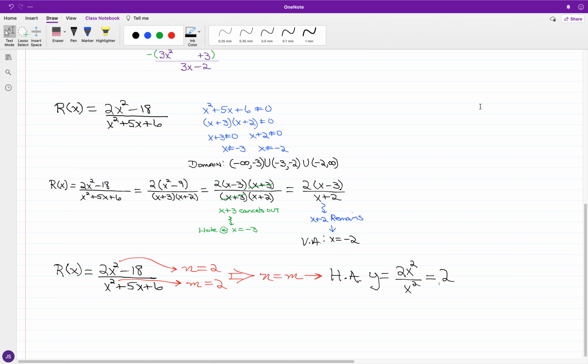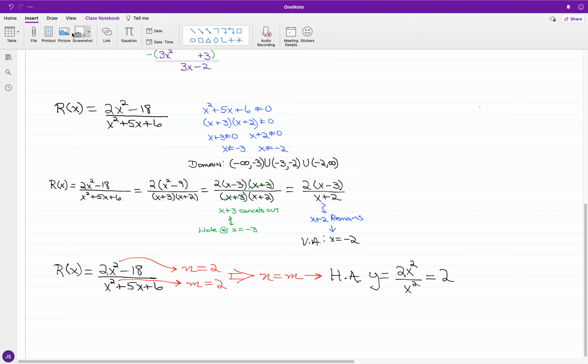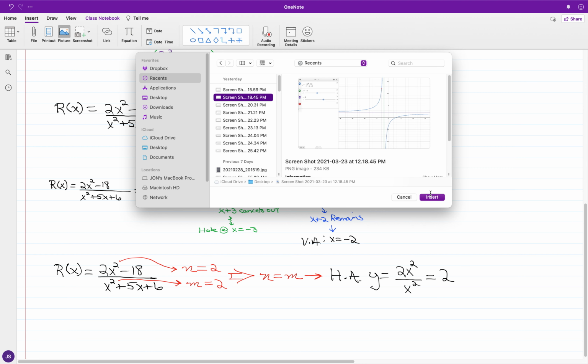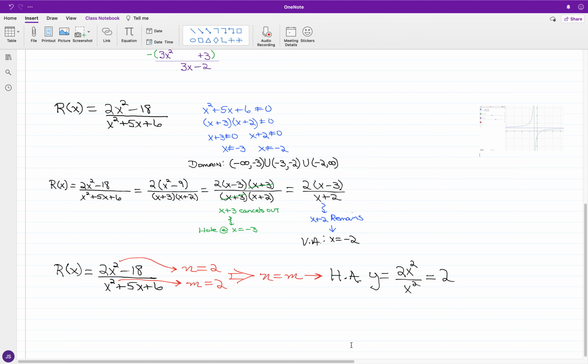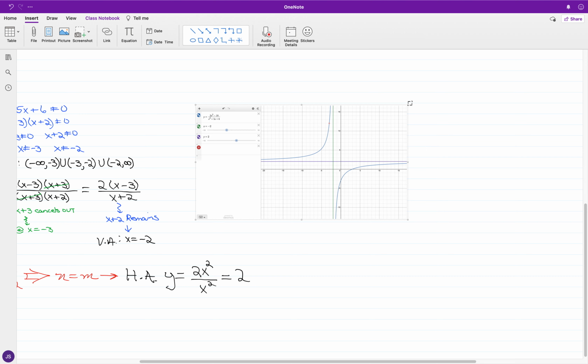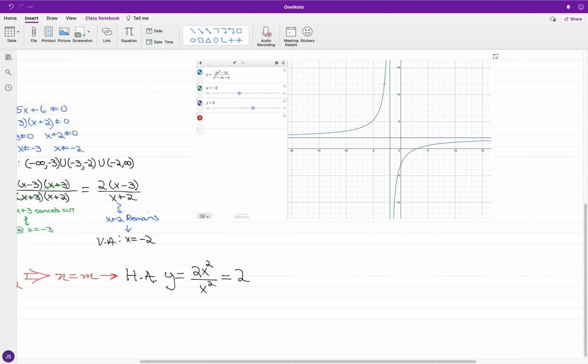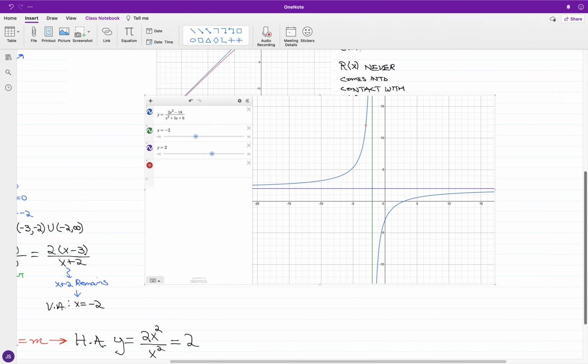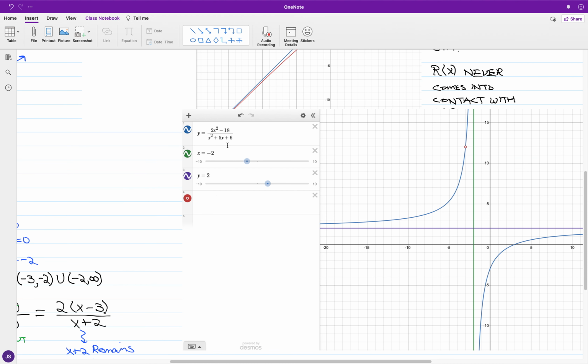And looking at how this is going to appear, we have the graph of 2x squared minus 18 over x squared plus 5x plus 6.